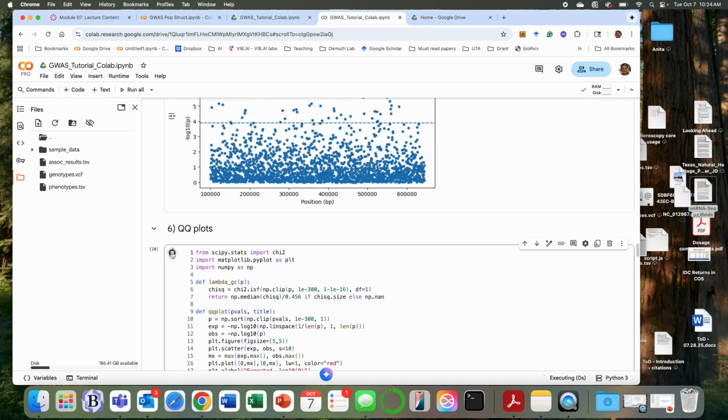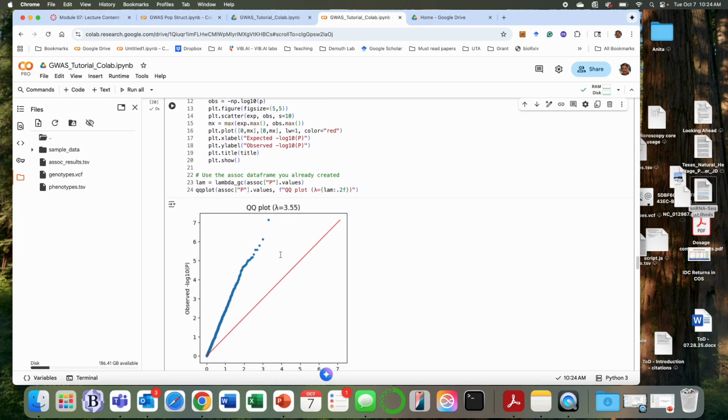If we run the QQ plot, everything has jumped off the line. So that should be a red flag. If you're doing this in real life, I mean, this is the same thing you would do. But if you see a result like that, that should be the first indicator that there's something wrong, like you're missing something in the data. Because every SNP can't be higher than expected.